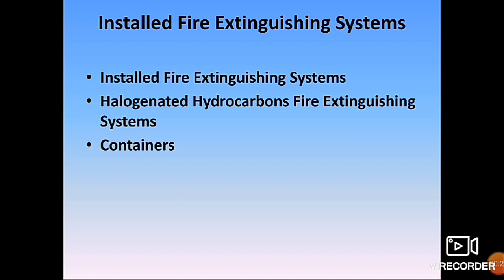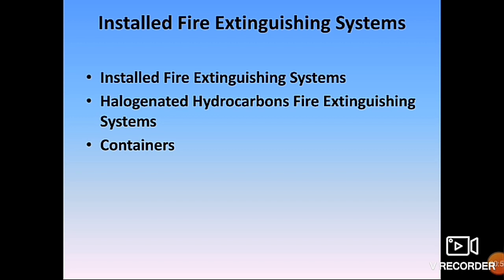The next one is the halogenated hydrocarbon fire extinguishing system. The fixed fire extinguisher systems used in most engine fire and cargo compartment fire protection systems are designed to dilute the atmosphere with an inert agent that does not support combustion. Many systems use perforated tubing or discharge nozzles to distribute the extinguishing agent.